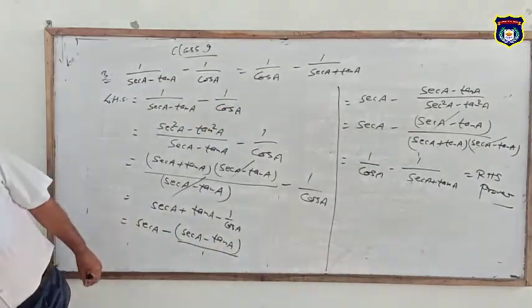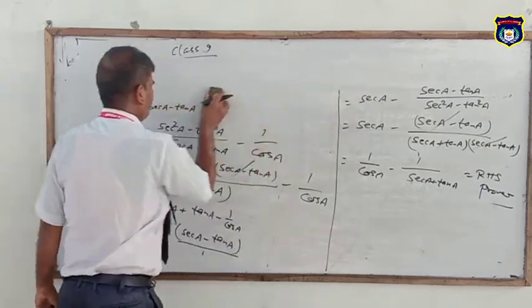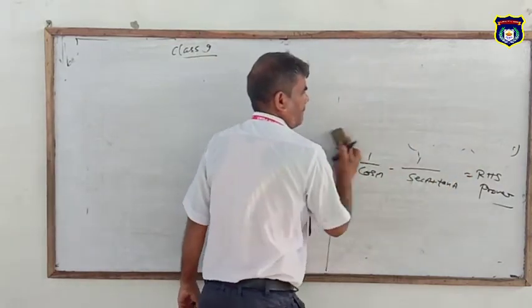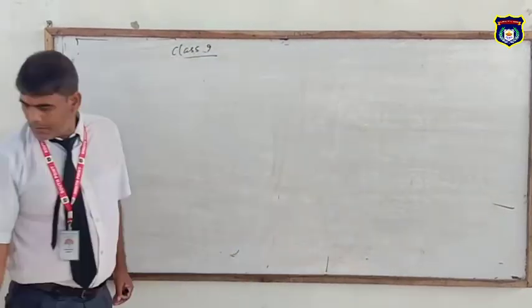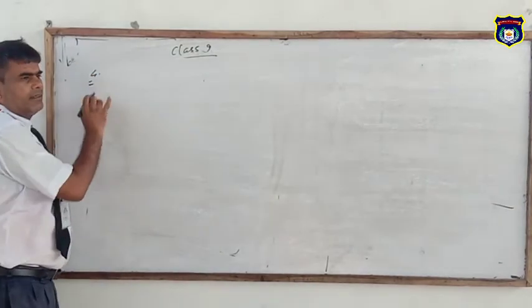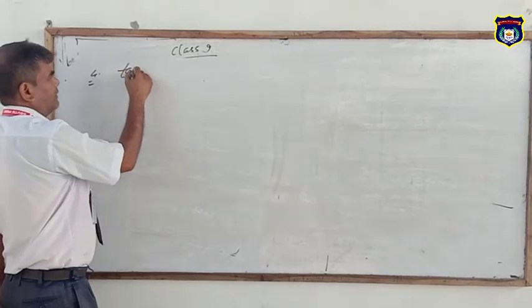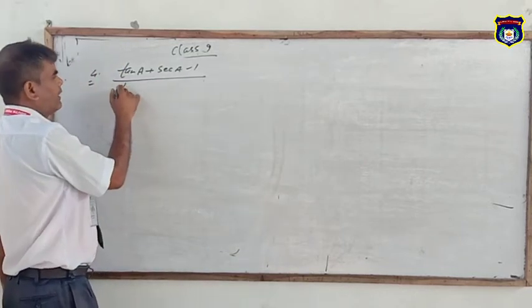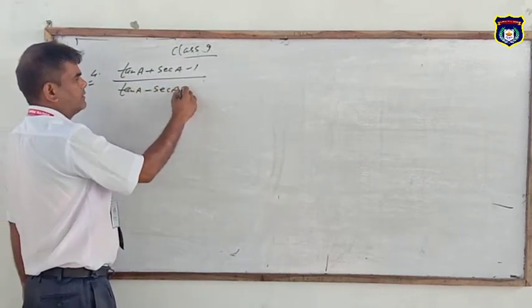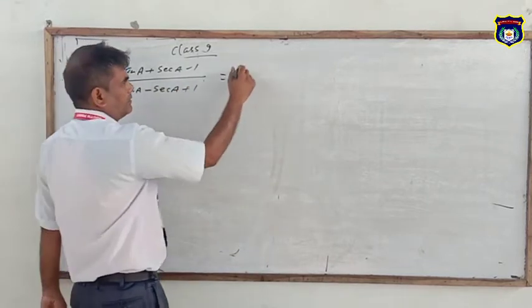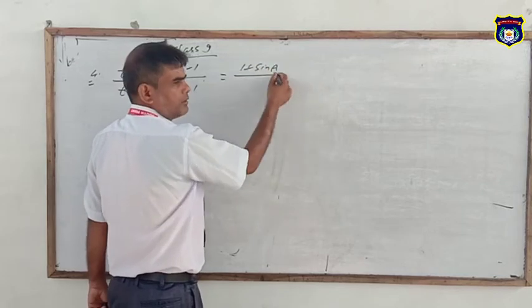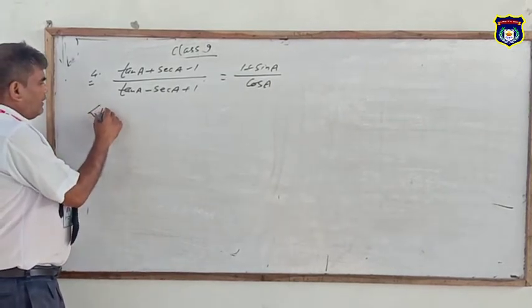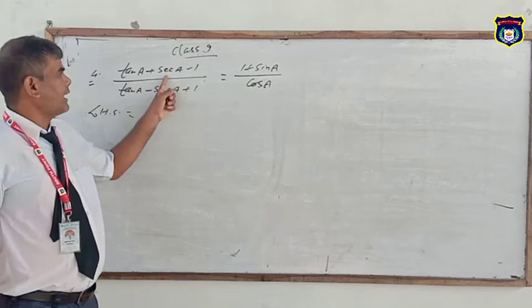Similarly, next question. Next question is (tan A plus sec A minus 1) by (tan A minus sec A plus 1) is equal to (1 plus sin A) by cos A. For this, LHS, tan A plus sec A, 1.